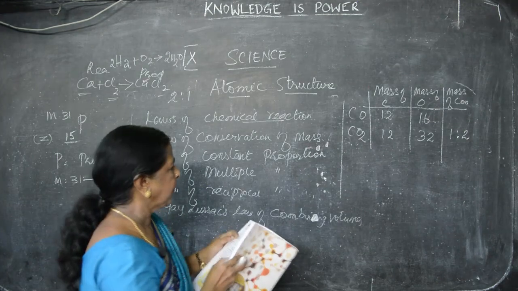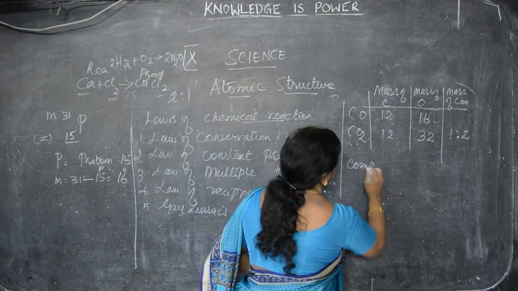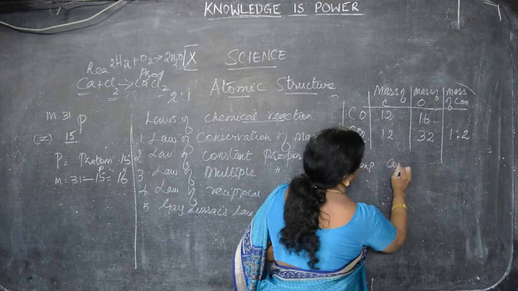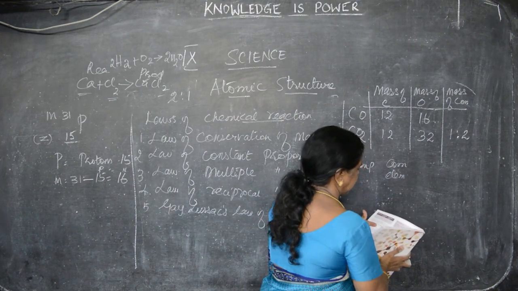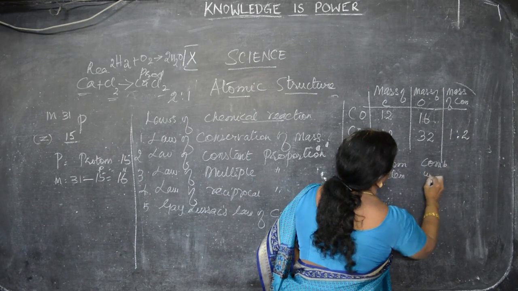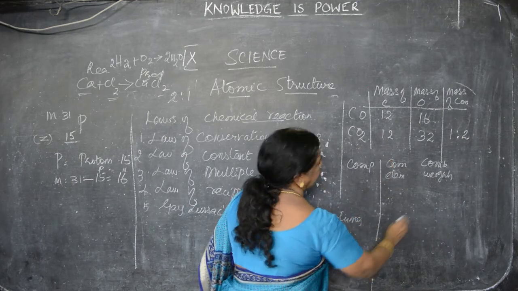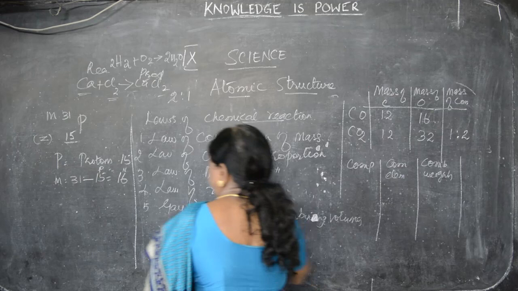See the next one, the same like, we will go for multiple proportion. Compounds, then combining elements, and next column is combining weights. First one is compound, second one is combining elements, third one is combining weight.